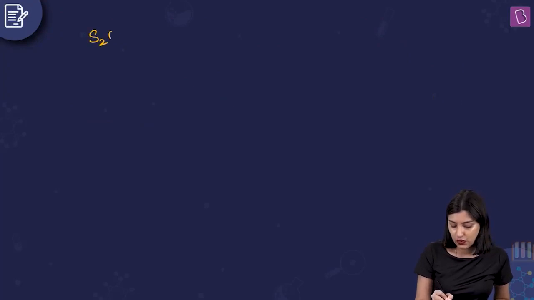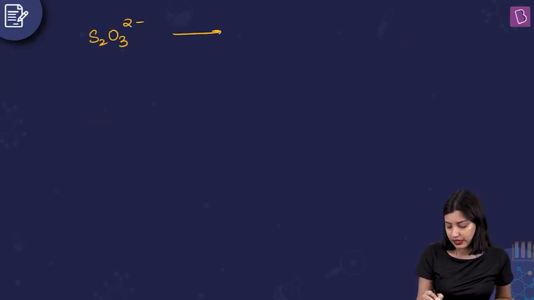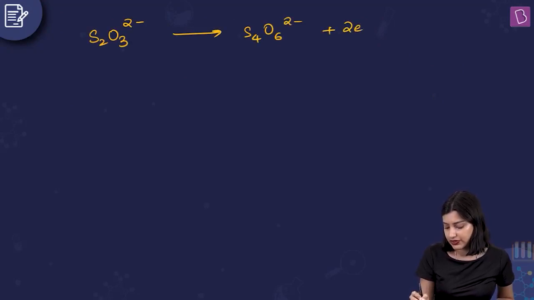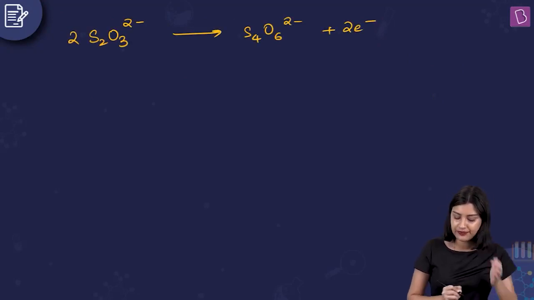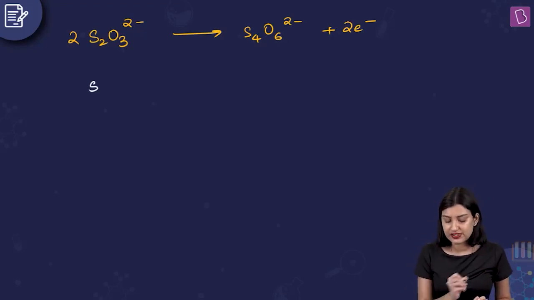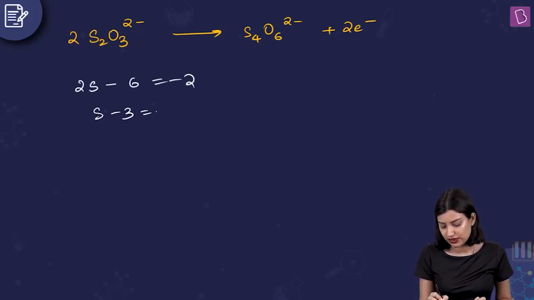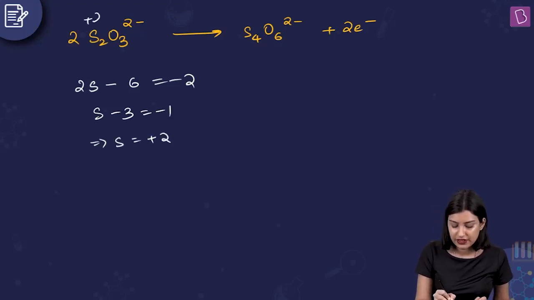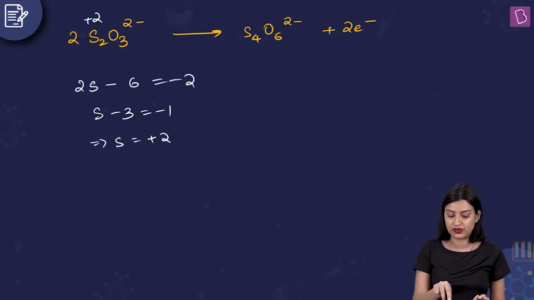So S2O3 2- gives you S4O6 2- plus 2 electrons, and you have a 2 here. So you have thiosulfate ion where let's say the oxidation state of sulfur is S. So 2S minus 6 is equal to minus 2. So 2S minus 6 is equal to minus 2, so S is equal to plus 2. So here sulfur is in the oxidation state of plus 2.